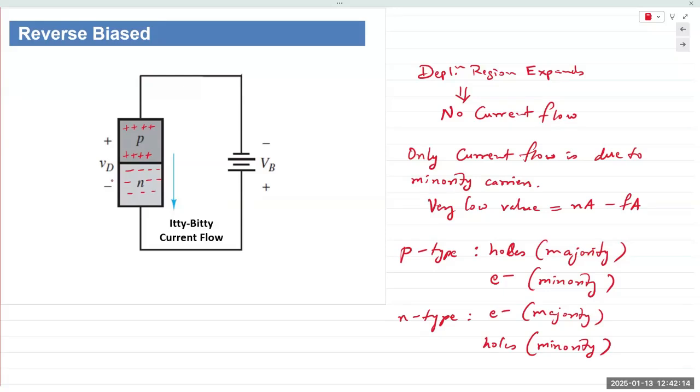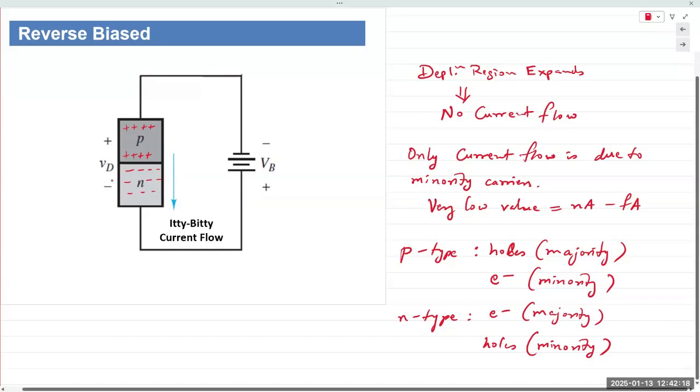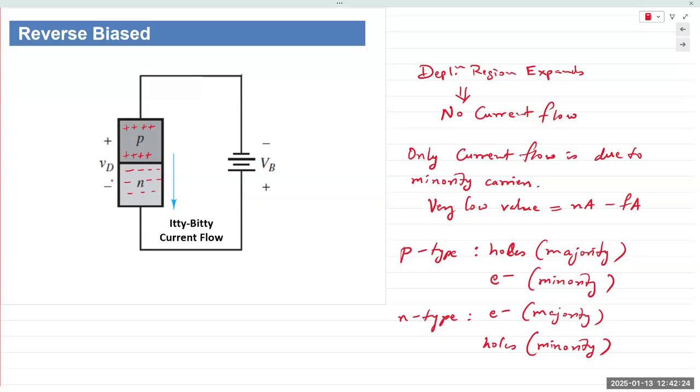Without a specialized setup, we are not able to even measure this current in the lab. Okay, it's so small. It is also known as the saturation current.